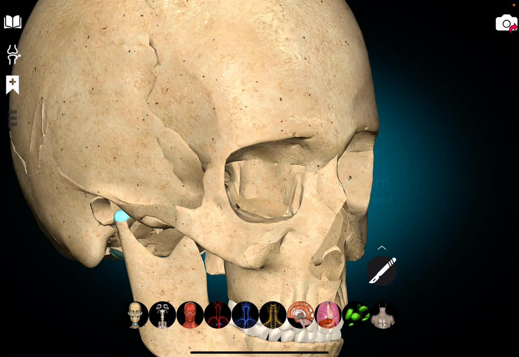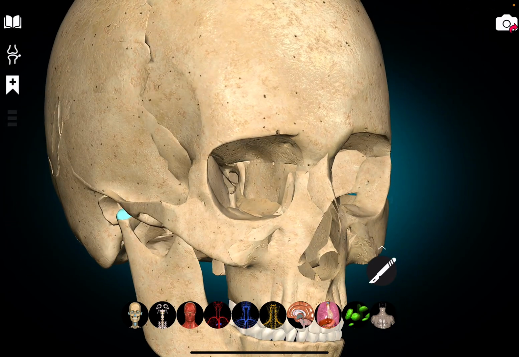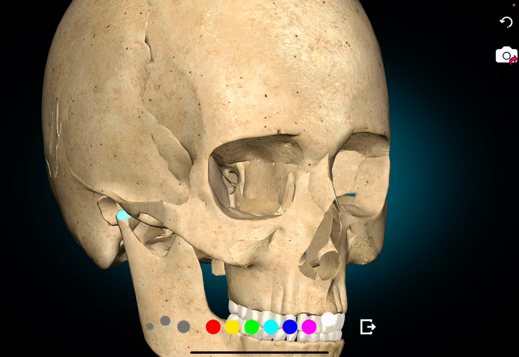Now this ethmoid, we told you, has a horizontal plate which is cribriform, has a crista galli above, and below it articulates with the nasal septum, and then it has two boxes hanging down on both sides.